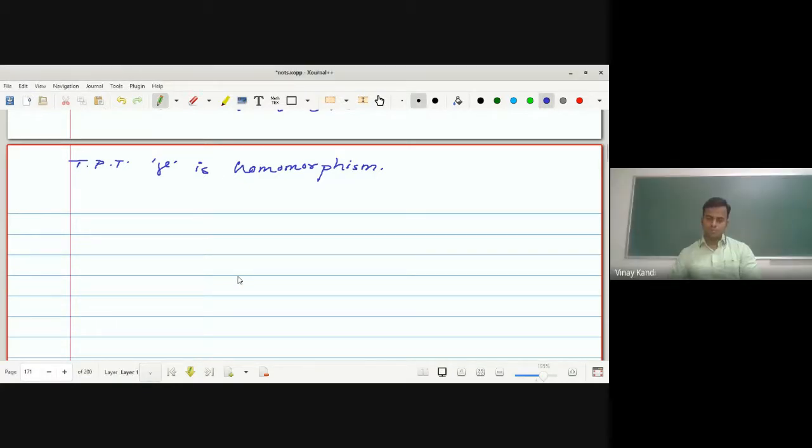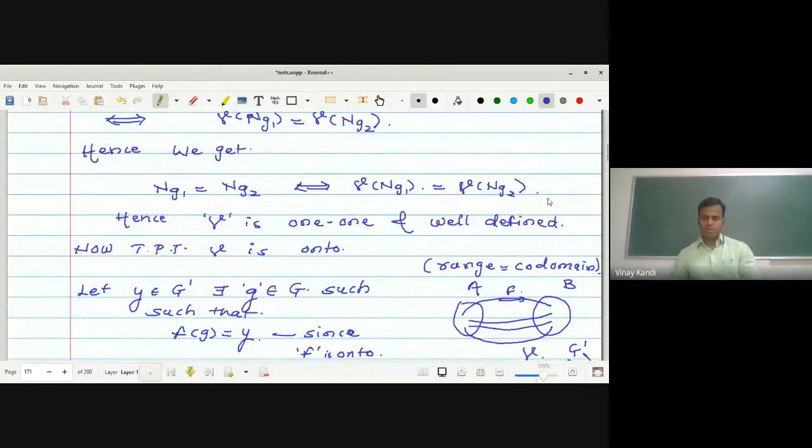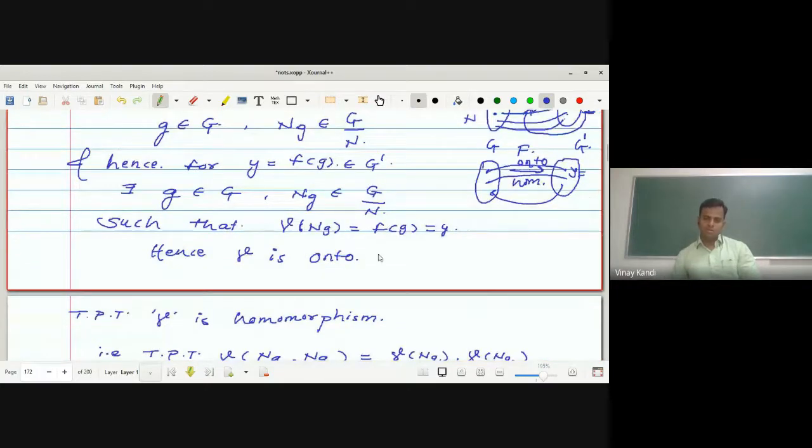That is to prove that gamma of ng1 dot ng2 is equal to what? Gamma of ng1 into gamma of ng2. We have to prove this condition. So given it is in equation 1. Oneness, ontoness is second.